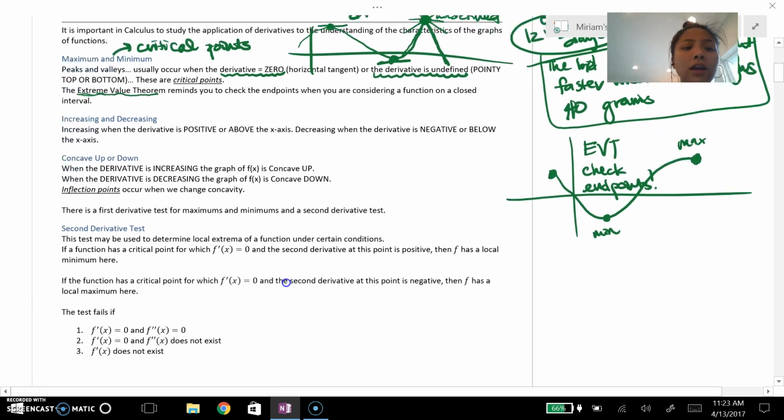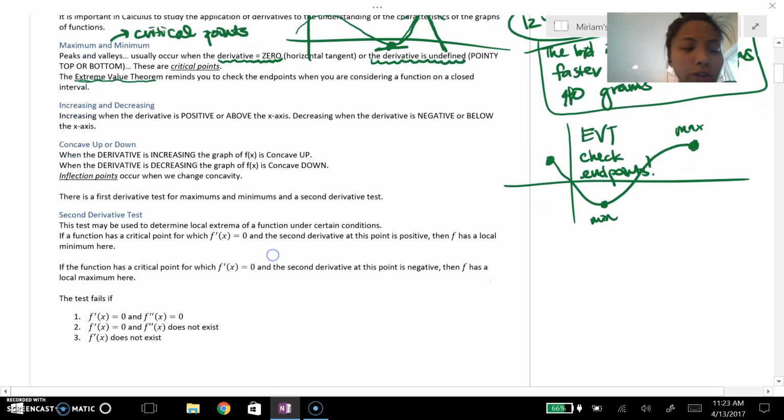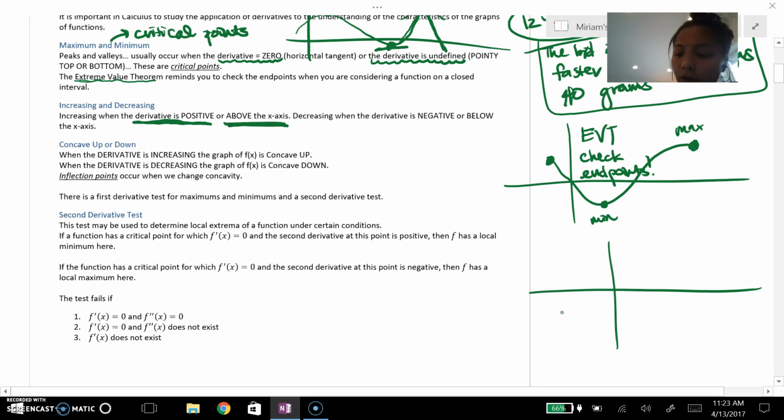Great. Increasing and decreasing. When the part of the graph is increasing, meaning going up, the derivative is positive, or above the x-axis. Let me say that again. If I have a part of the graph that's increasing, it has a positive derivative.